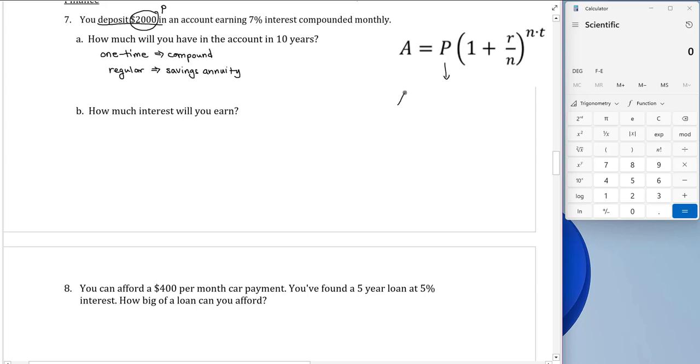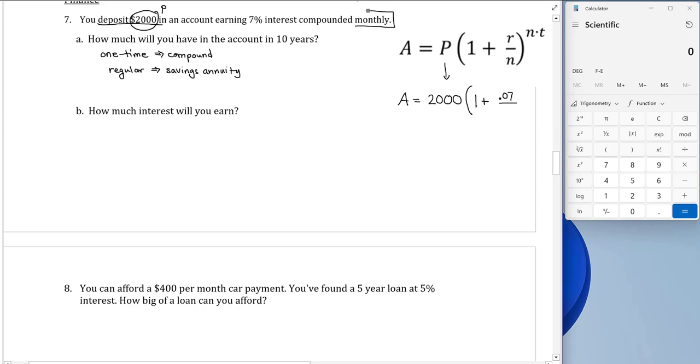So I'm going to say A, the amount in my account, is going to be equal to 2,000 multiplied by 1 plus the rate of 7%, or 7/100 as a decimal, divided by N. Now N is different than in growth models.